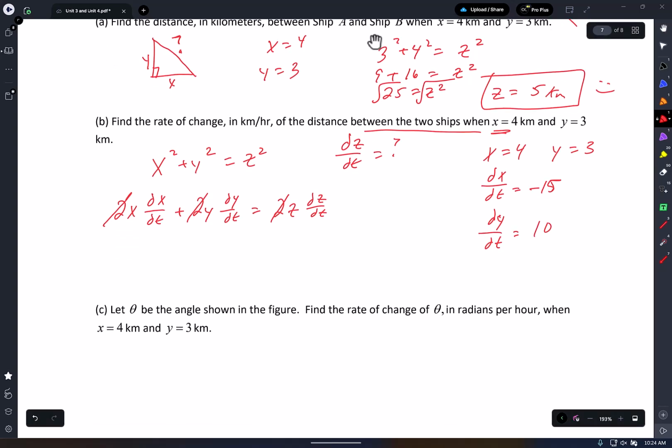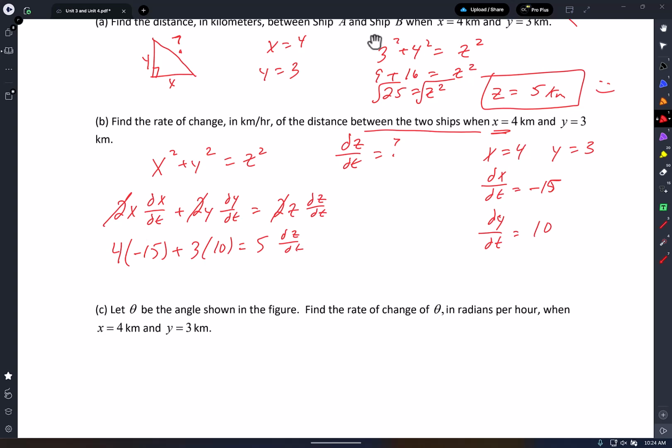So I think we got everything, guys. I'm going to plug in. Let's see. 4 times negative 15 plus 3, that's what y is, times 10 equals 5 times dz/dt, which is what we're looking for. All right, so 4 times negative 15: 15, 30, negative 60.